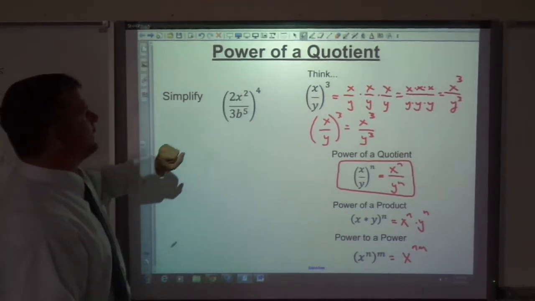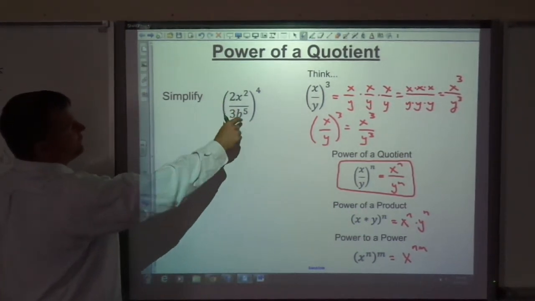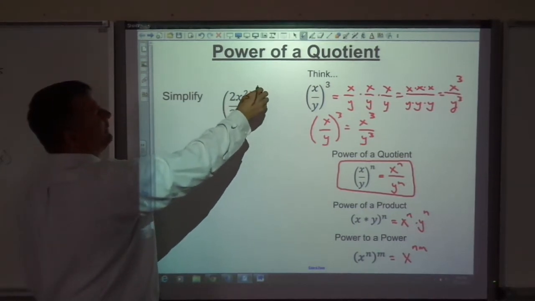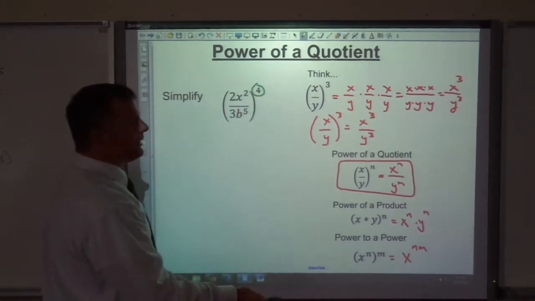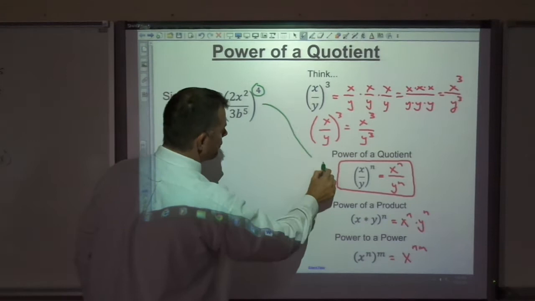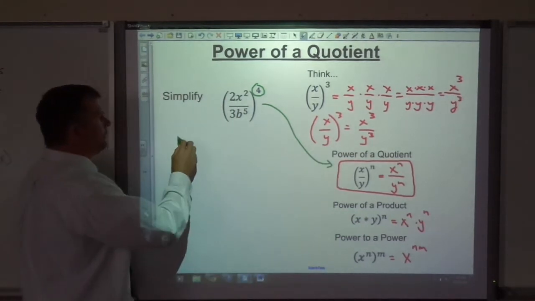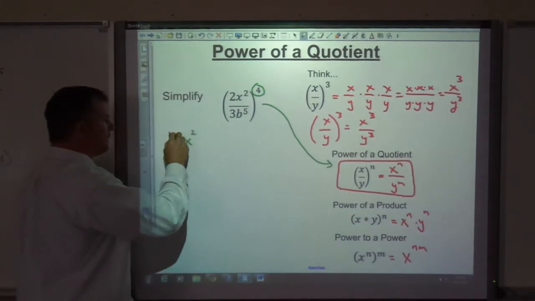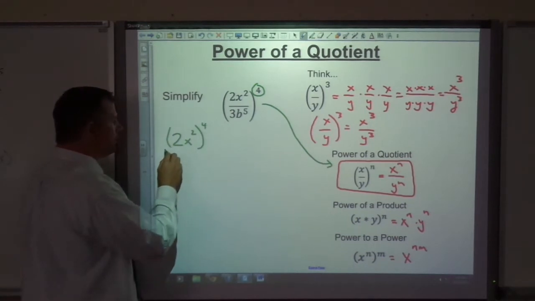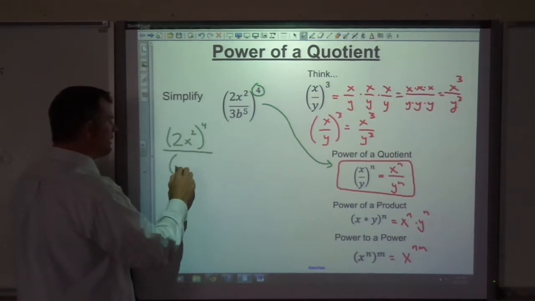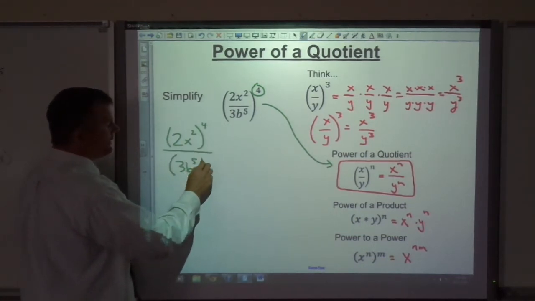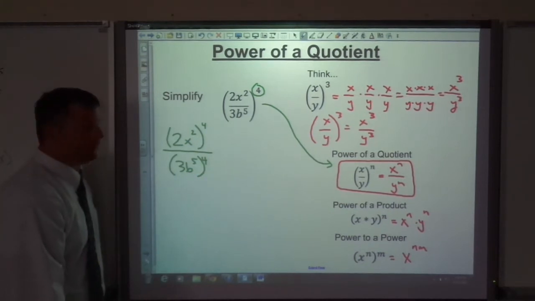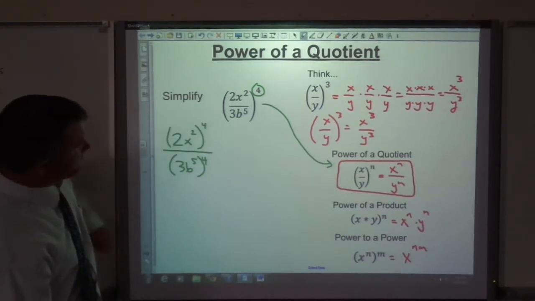The first is when we have a fraction or division problem and we have this exponent on the outside, this power of a quotient rule says that we can take the fourth power of the numerator and we can take the fourth power of the denominator. So then how do we do this?